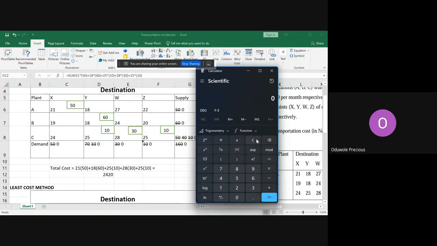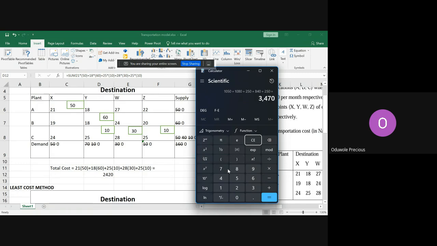Let me use my own calculator to calculate it because this one I cannot use. So using my calculator, 21 times 50 will give me 1050 naira, plus 18 times 60, 1050 naira, plus 25 times 10, that's 250, plus 20 times 30, 840, plus another 250.